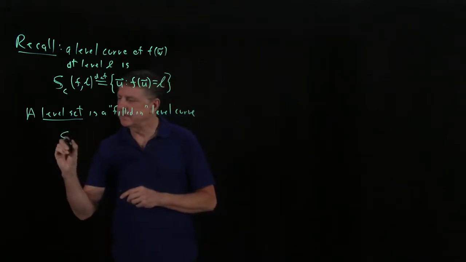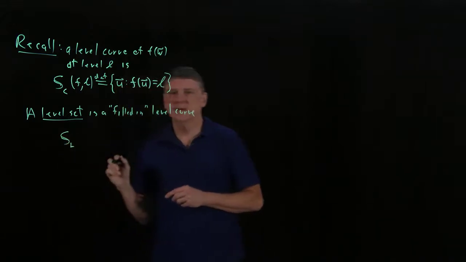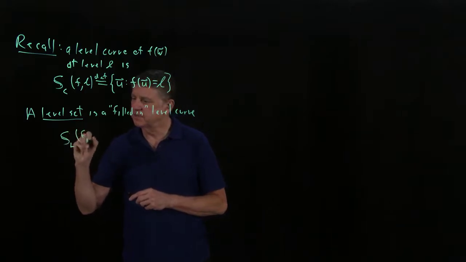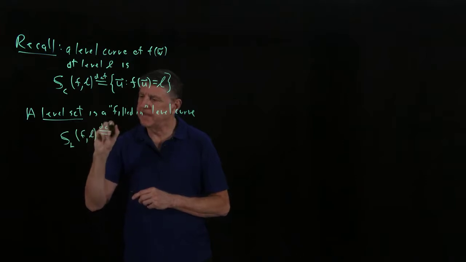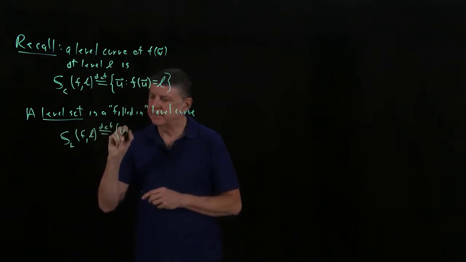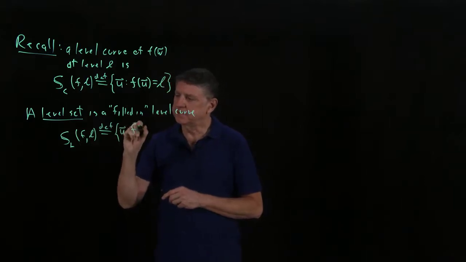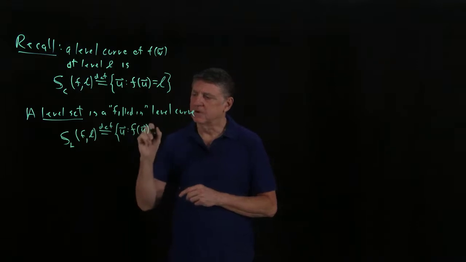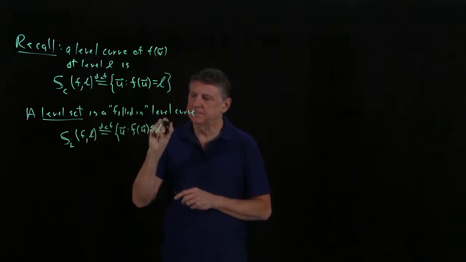We'll say that a double-barreled S with a subscript L for level set of a function at a level, we will define that as the set of all vectors such that the function evaluated at that argument is less than or equal to L.